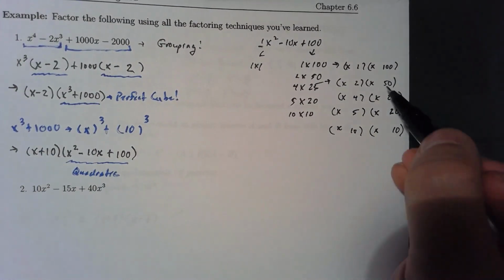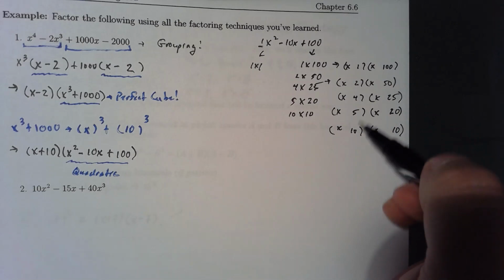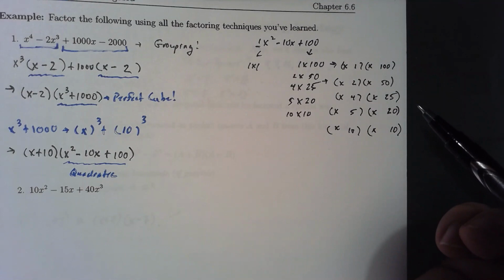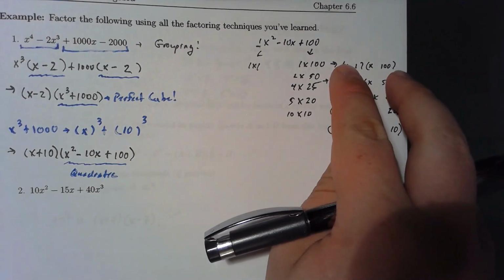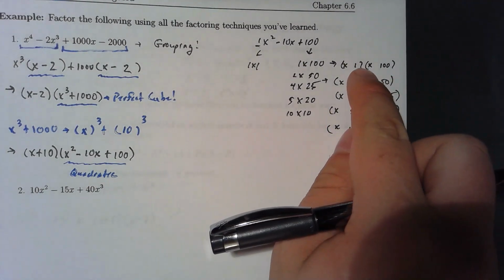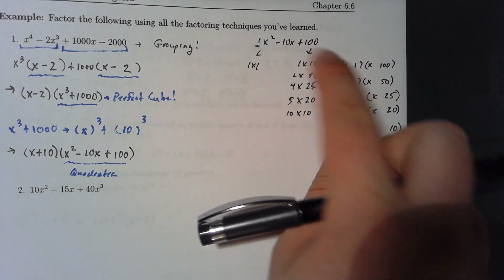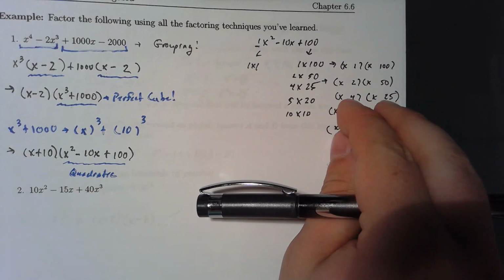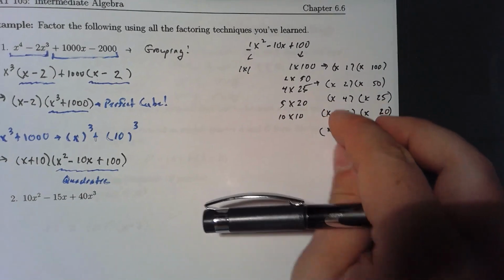Are any of these going to give me the middle term, which is negative 10x? So this is 100x and x, that's 99x, that's not it. This would give me 48. That would give me, what, 25 minus 4 is 21.